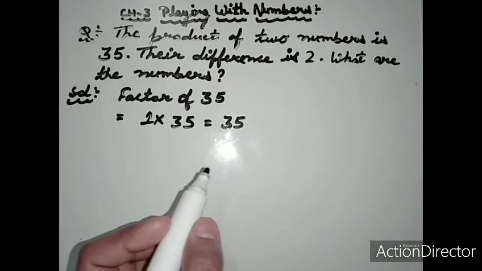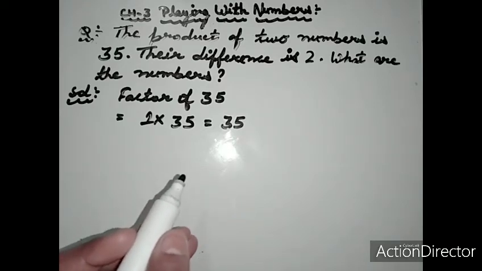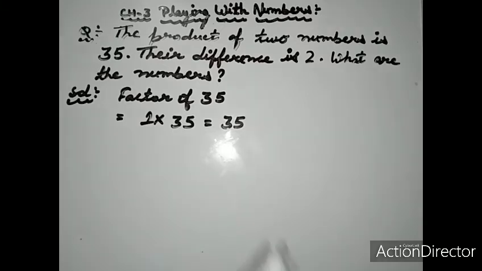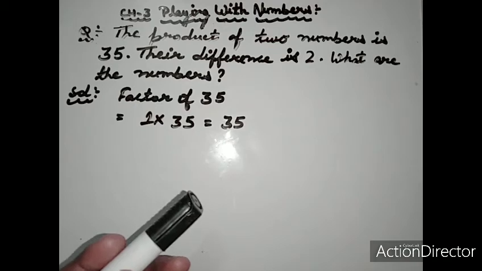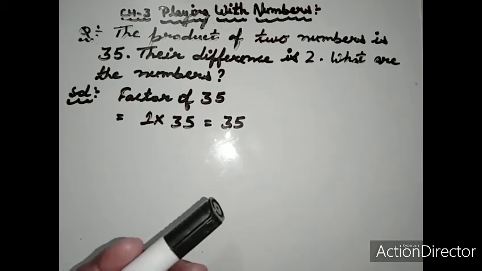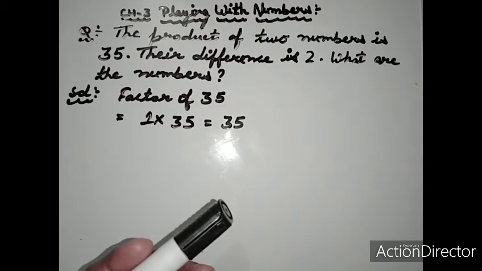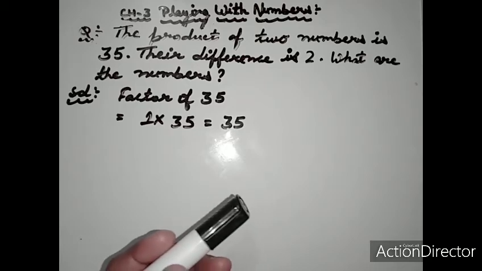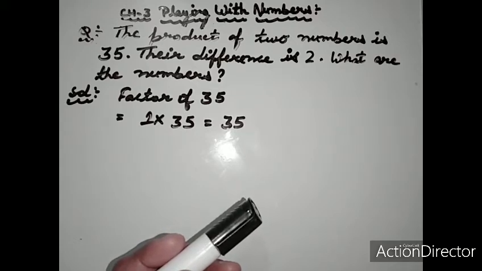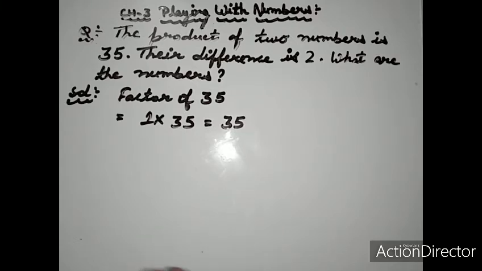No. Then 3: any number which multiplied by 3 gives 35? No. 4: any number which multiplied by 4 gives 35? No. Now 5: is there any number which multiplied by 5 gives product 35?